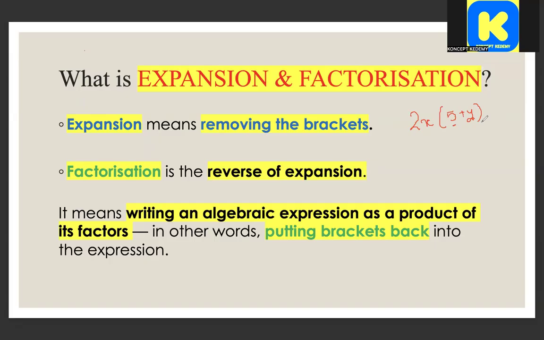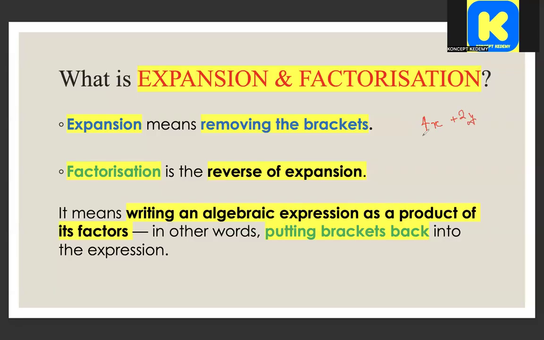We'll go through some strategies and methods where we will learn how we can add brackets. It's not like it's written 5 plus y and we are just putting a bracket on it. That's not factorization. Factorization means writing an algebraic expression as a product of its factors. For example, take 4x plus 2y.